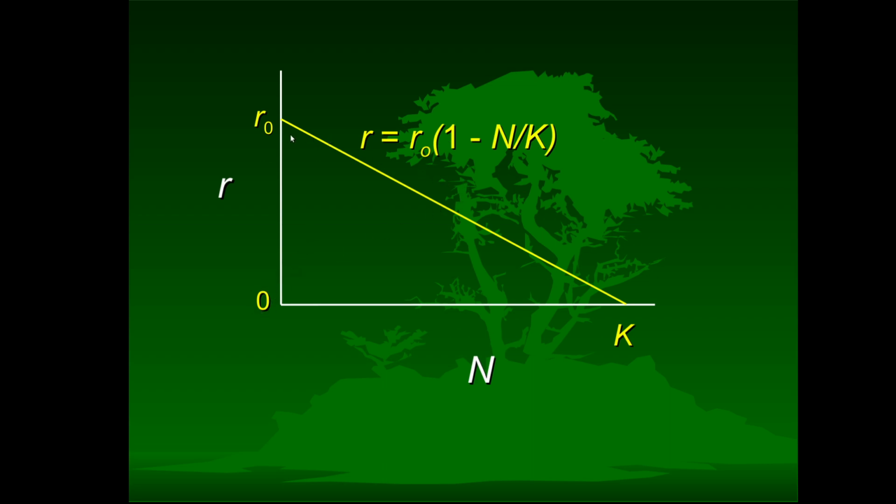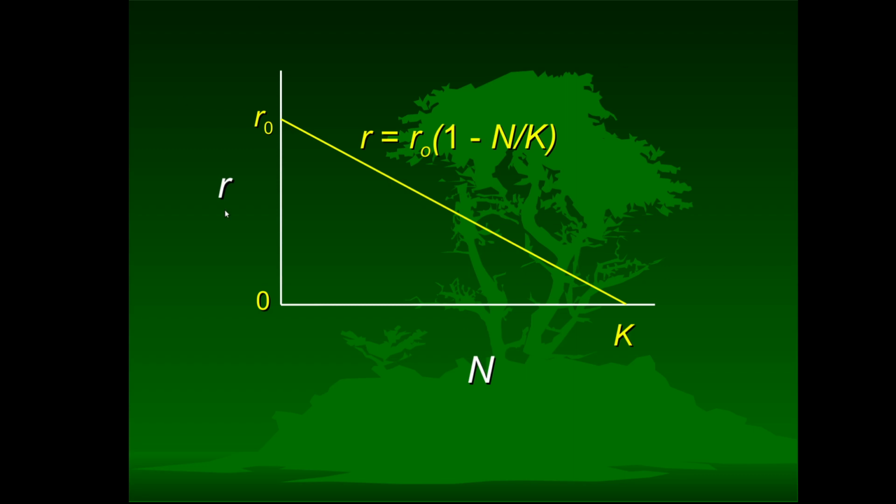And little r0 is maximum when n is close to 1. So when n is close to 1 individual, then, or 2 individuals, 1 female, then we have the maximum per capita rate of increase, r0. And then when n increases to k, that becomes 0. So anything in between is along this straight line.